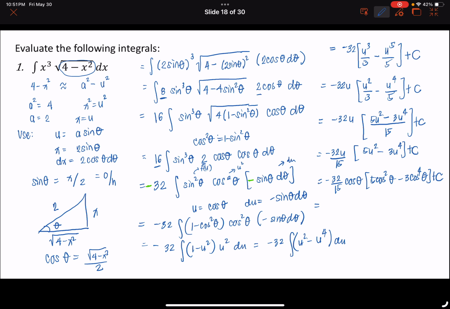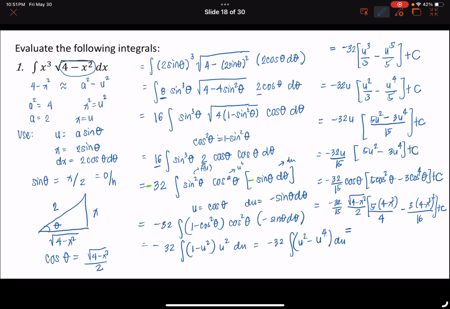So we have negative 32 over 15 times cosine theta, which is square root of 4 minus x squared over 2, times 5 cosine squared theta, so that would be 4 minus x squared over 4, minus 3 times 4 minus x squared over 2 to the fourth, so 16, plus c.